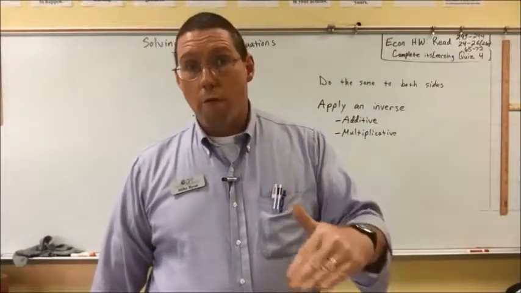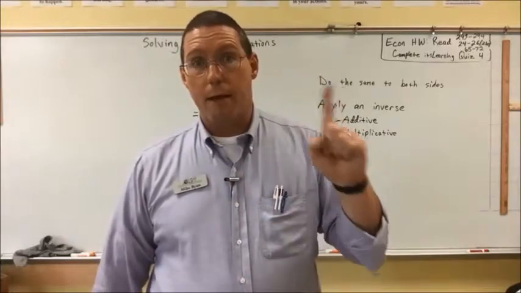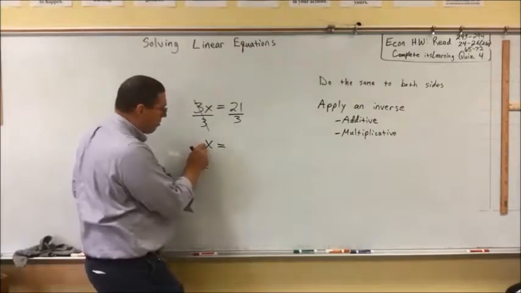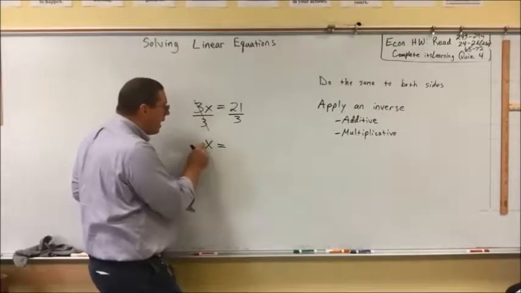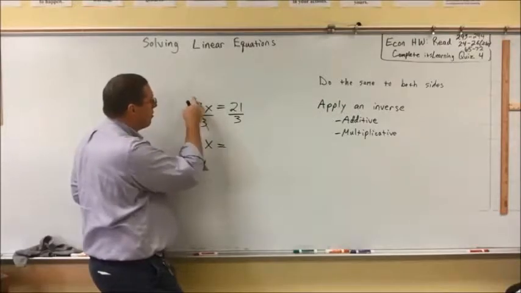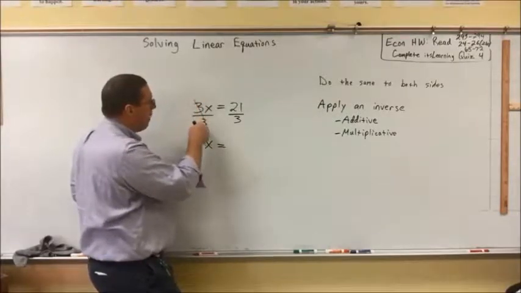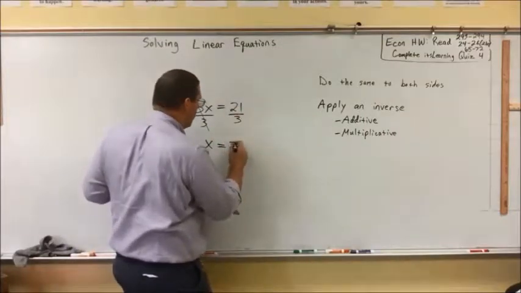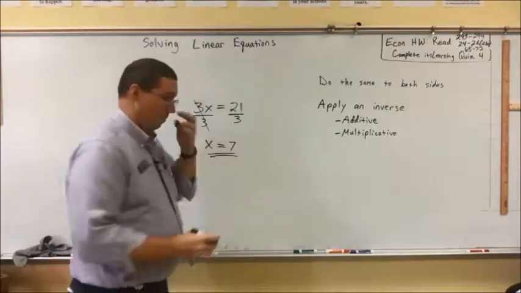All numbers, all variables, always being multiplied by 1. And therefore, there's a 1 in front of this x. And the way that 1 gets there or is left there is by canceling the 3 that's there. So we divide the 3 by 3, leaving a 1 here. Okay? And then 21 divided by 3 is 7, and we have a solution.